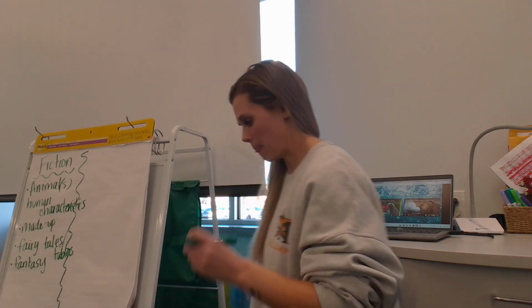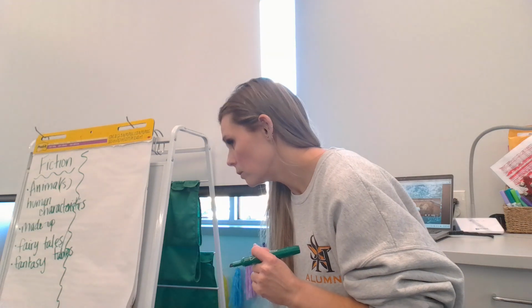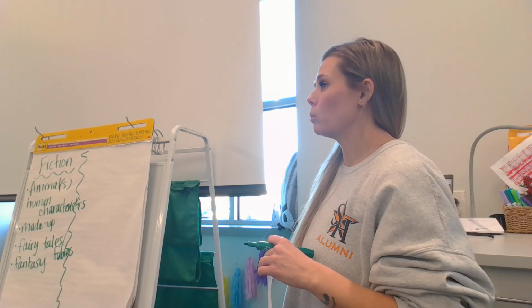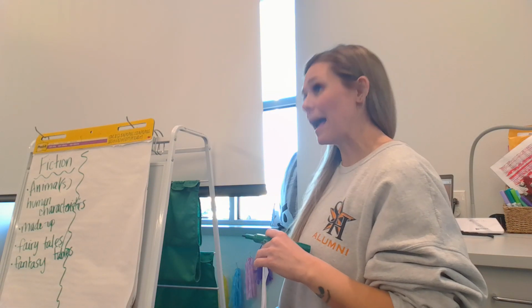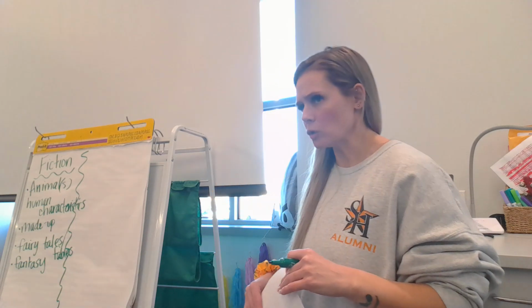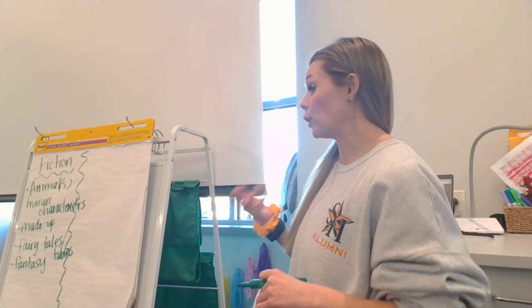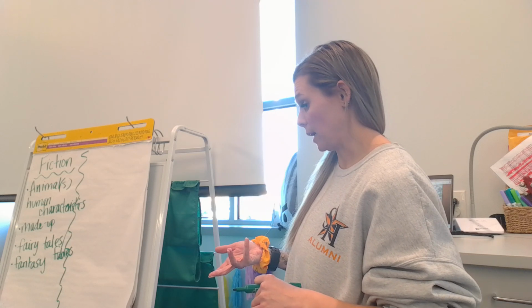All right, what else? No photographs. Okay, I see what you're saying, but let me ask you this question. I'm reading a book, right? And there are photographs in it.